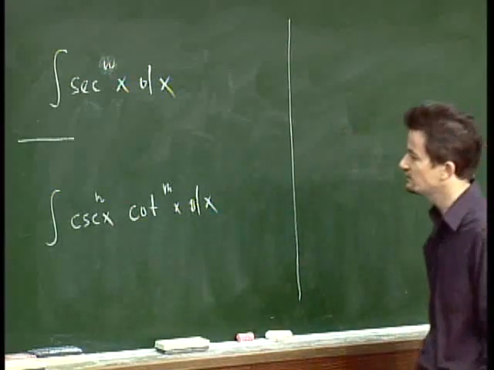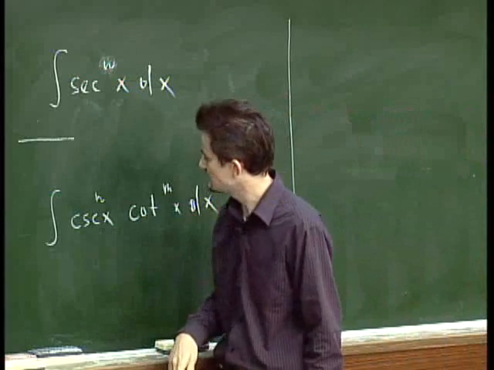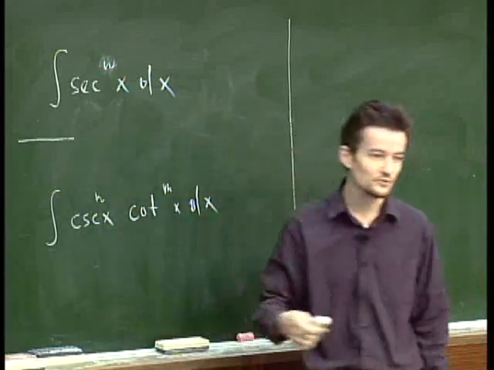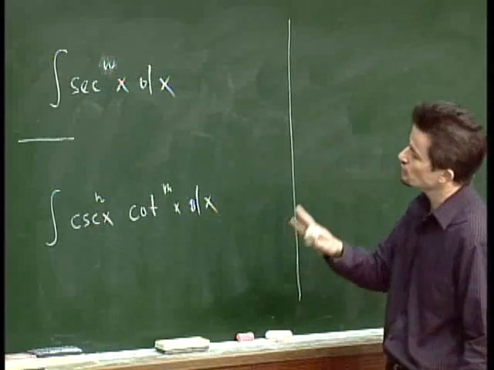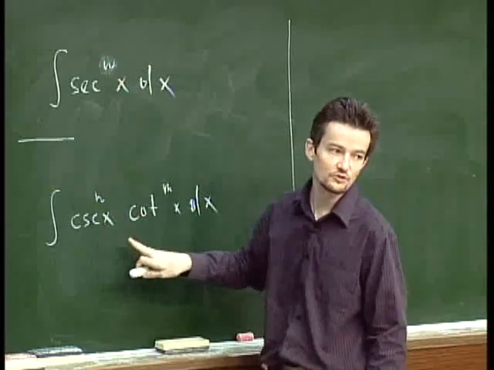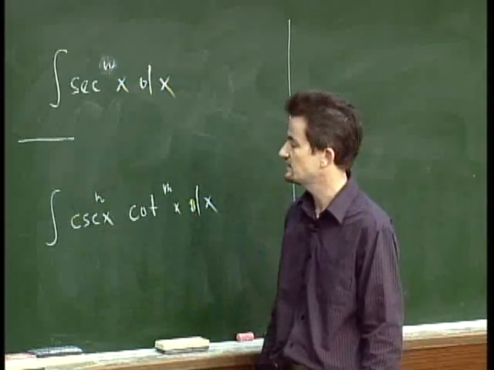And also the derivative of the cosecant is something like cosecant times cotangent. I don't remember. But you use those two relations, and you have also a relation between those two, similar to secant and tangent.